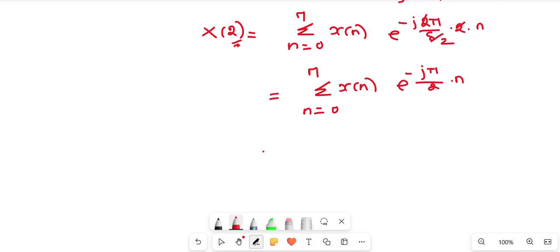Only two terms: the first term is anything power 0, which is 1, plus x of 1 into e power minus j pi by 2.